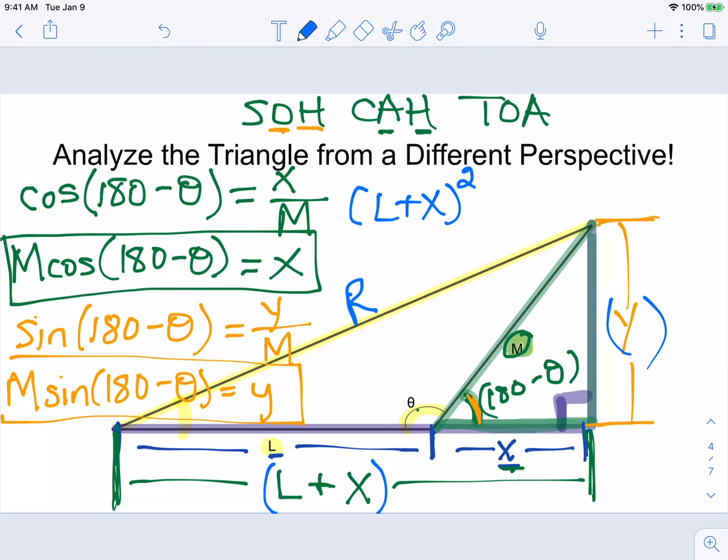That's like my a squared, plus my b is what I'm calling y here. So that's my b squared equals my c is going to be this r value because c is always your hypotenuse, r squared. And I'm not going to go through all the steps. All I would have to do is take the square root of both sides to solve for r. I'm just kind of running out of space here.